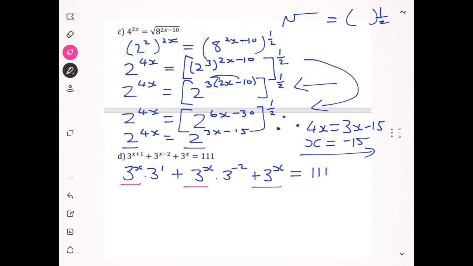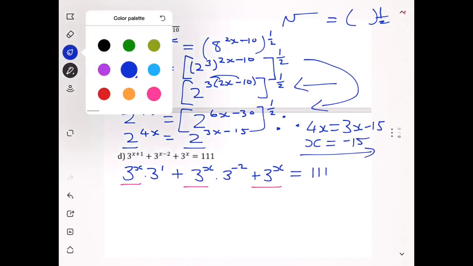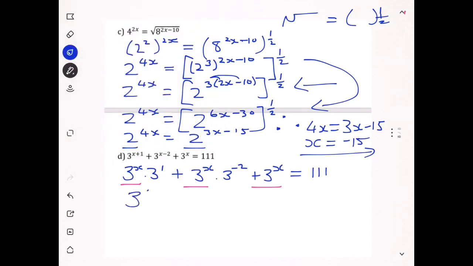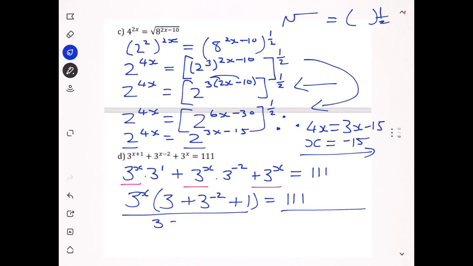You will often find that when there's these plus signs between terms or minus signs in questions like this, it will lead to some kind of factorization. So be on the lookout for that. So 3 to the x is our common factor, and then we're left with 3 plus 3 to the negative 2 plus 1 equals 111. What we do now is we want to get 3 to the x by itself. So we can divide both sides by this big bracket.